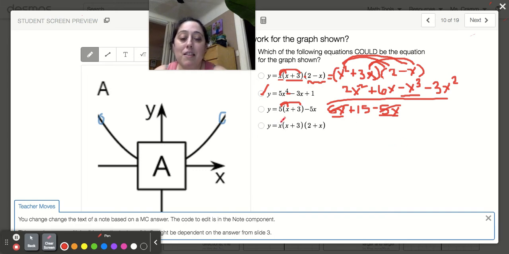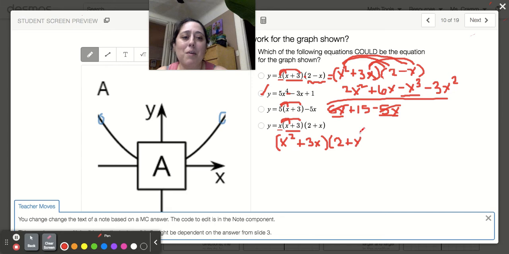All right, and then the last one, again, I'm doing these two factors. X times x is x squared. Cool. X times 3 is 3x. Right, and I multiply that. Oh, that looks really similar to the first choice. So except instead of 2 minus x, this is 2 plus x.